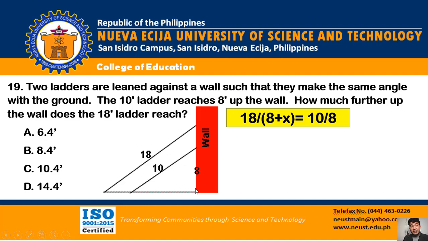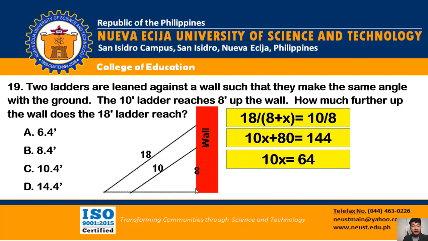Then we simplify this by cross multiplication. You will have 10x plus 80 equals 144. Then solve for x. 10x equals 64, or x is equal to 6.4. And that is the measurement of this portion.